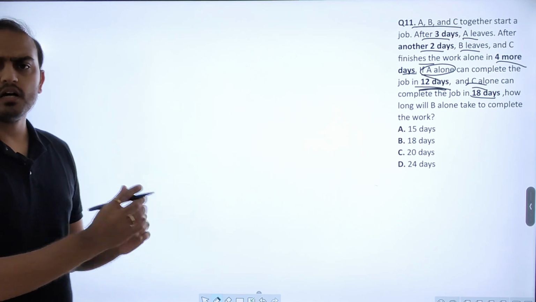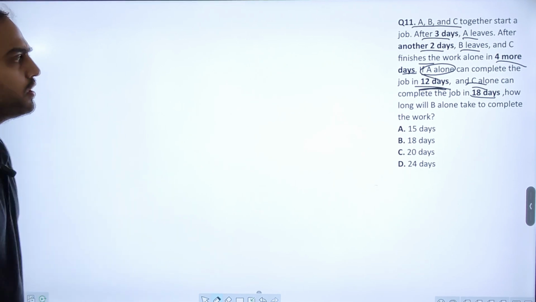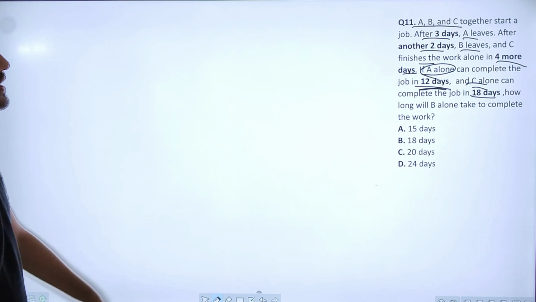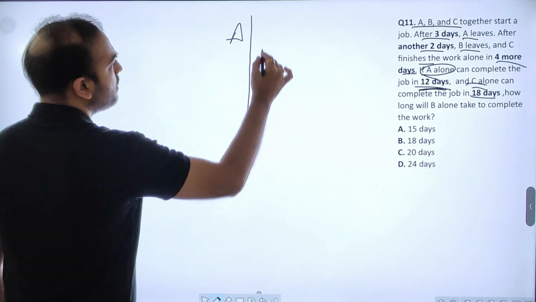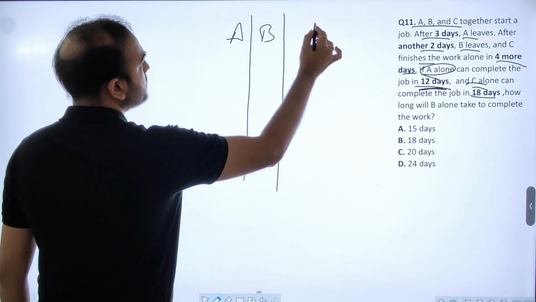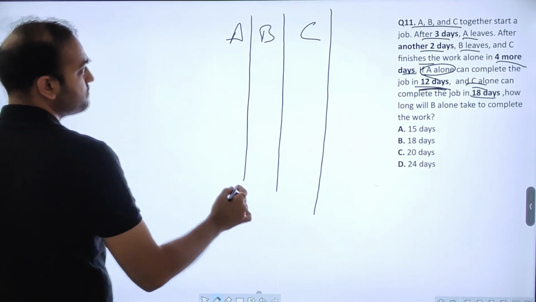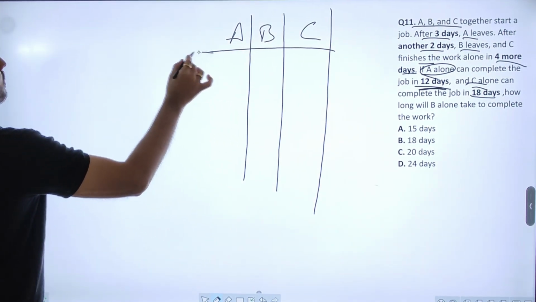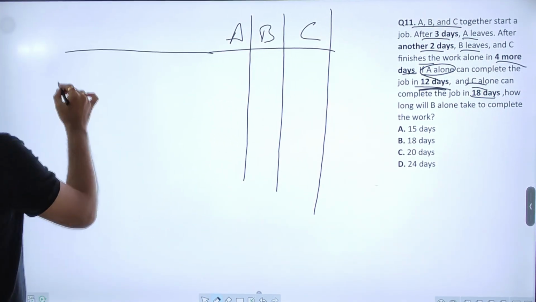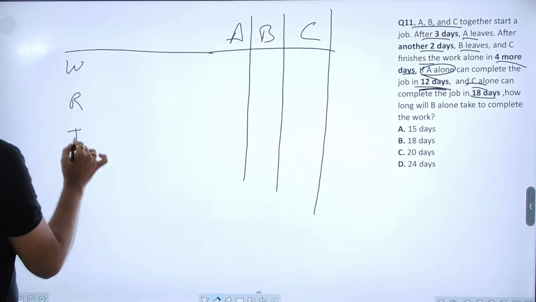Our table will look similar with a slight twist in it. Since we already know the question, I'll quickly write everything down. A alone, B alone, C alone. Right. This is my work rate time.